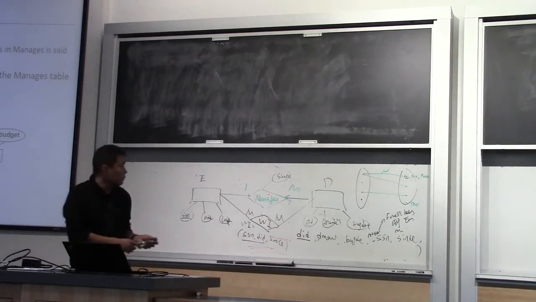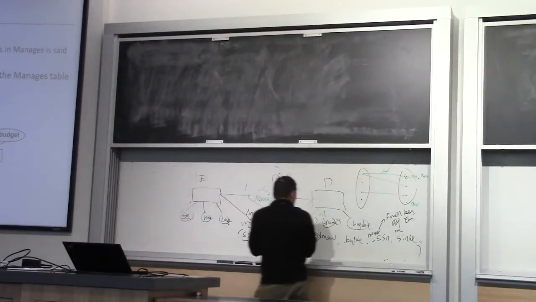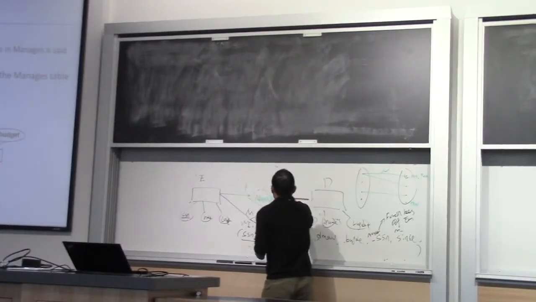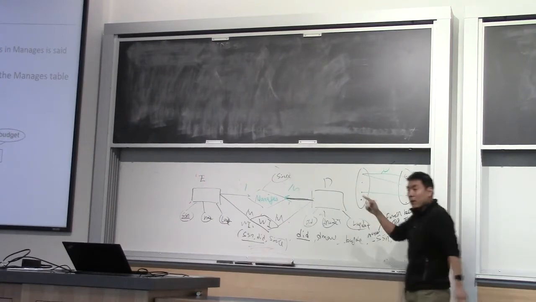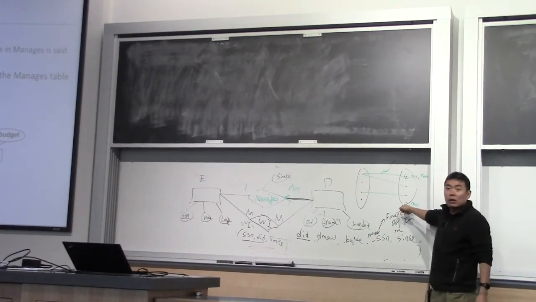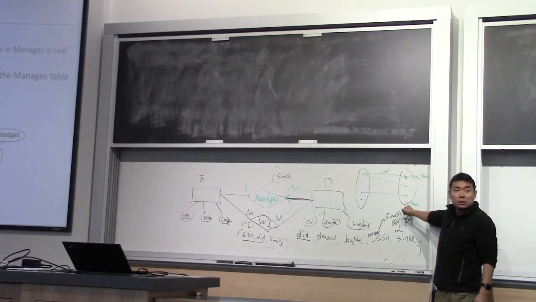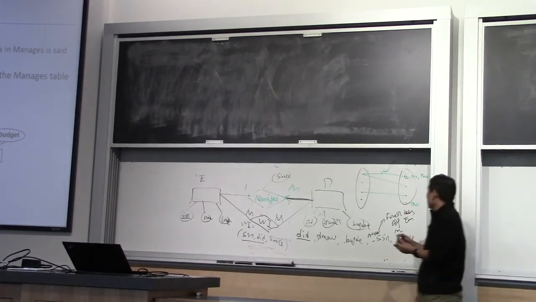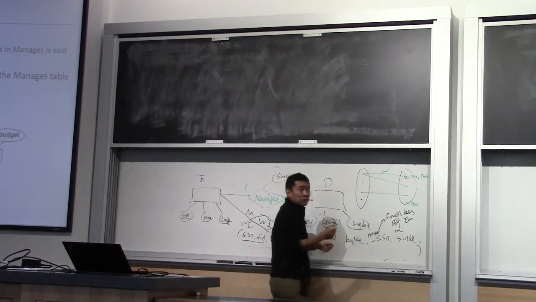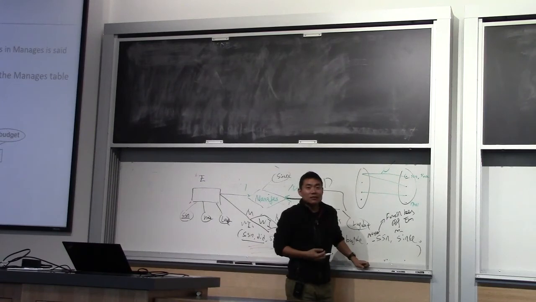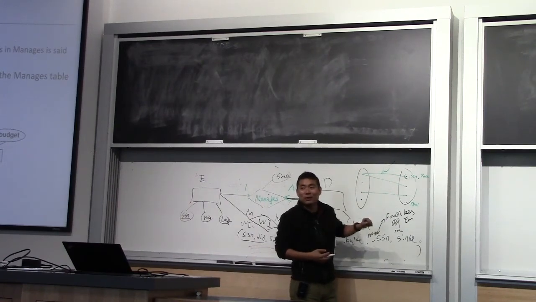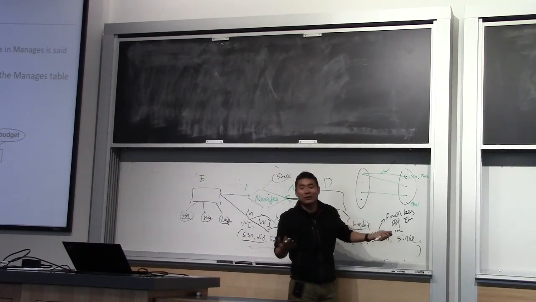Finally, I'm going to talk about total participation. What if I bold this? When I bold this, this means this is no longer allowed. Do you follow that? Okay, fine. I'm always happy to do this. If you ask me to assign someone to a manager, I'm more than happy to do it.